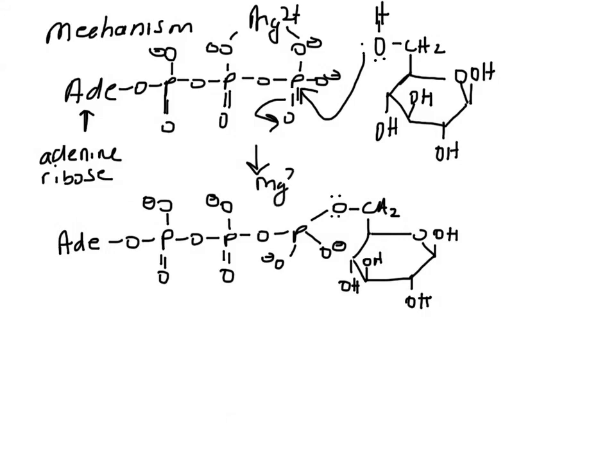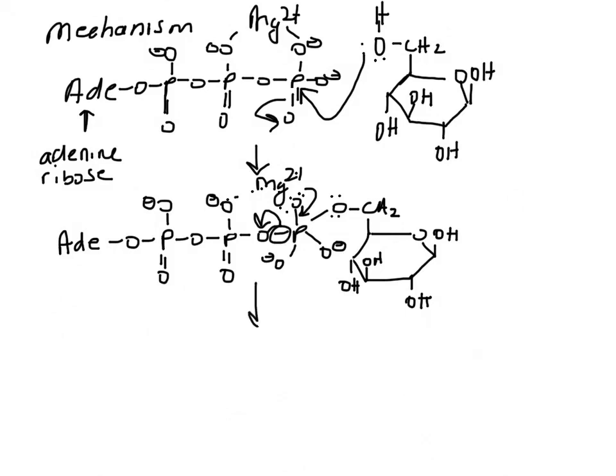Let's draw the magnesium that was coordinated here. Now what happens is we are going to break the oxygen. We're going to have these electrons that are on this oxygen come down, and we are going to break this oxygen phosphorus bond.